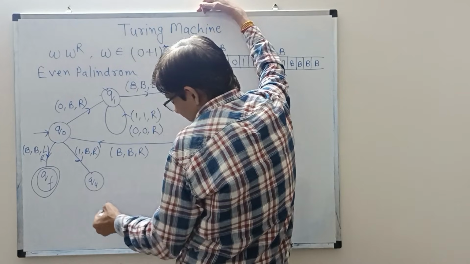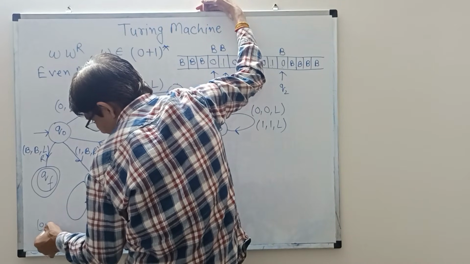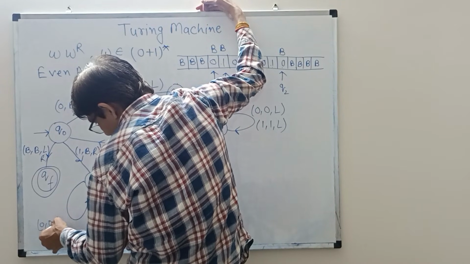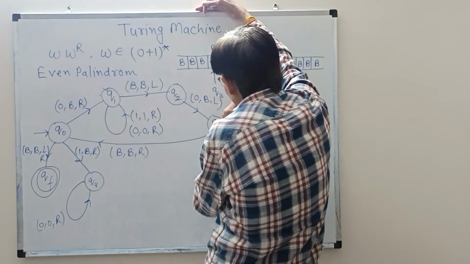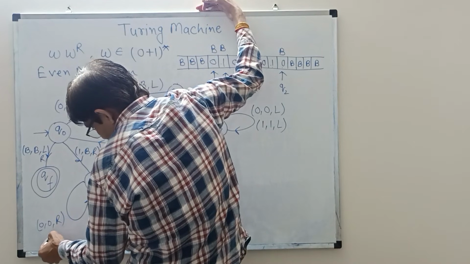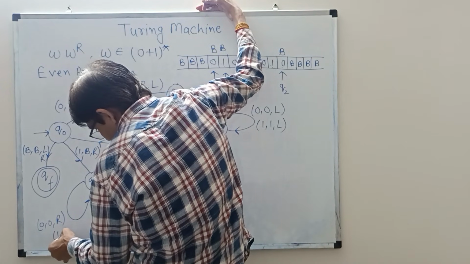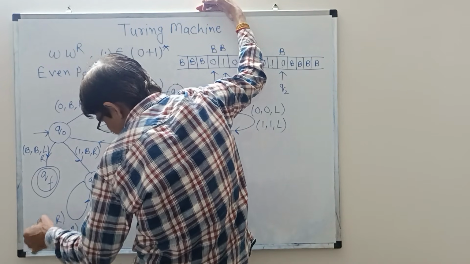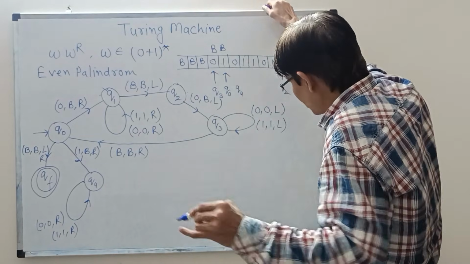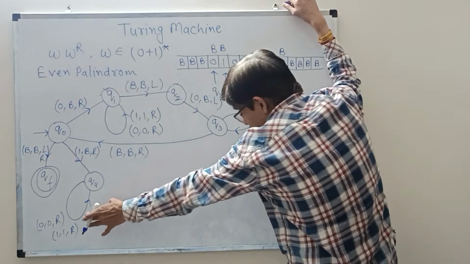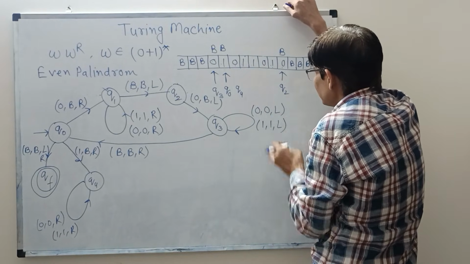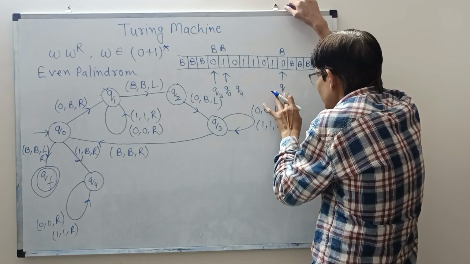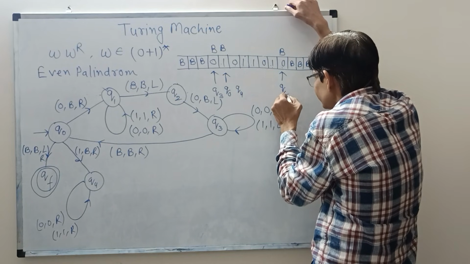So on Q4, if I am getting 0, I will leave it as it is and I will continue moving towards right. On Q4, if I am getting 1, I will leave it as it is and I will continue moving towards right. Now, these two transitions will skip all these characters, all these symbols. Now, on Q4, we will get blank.